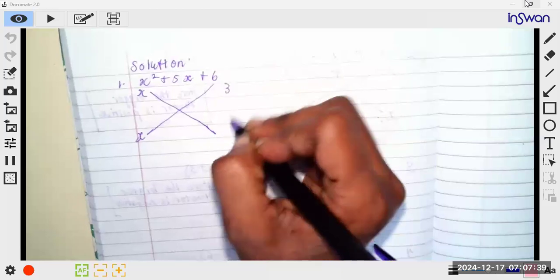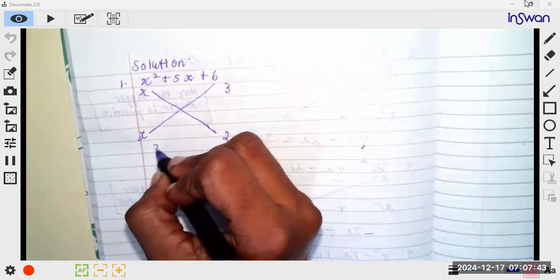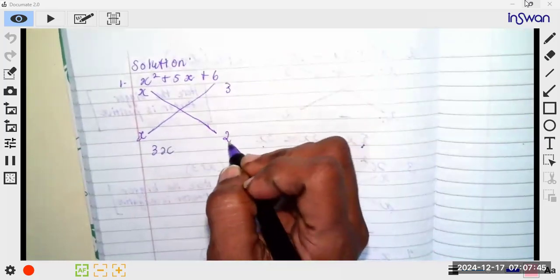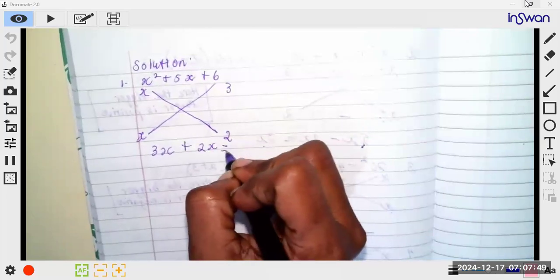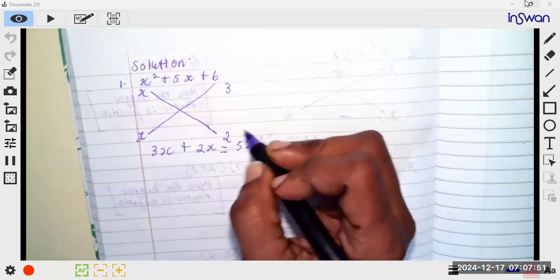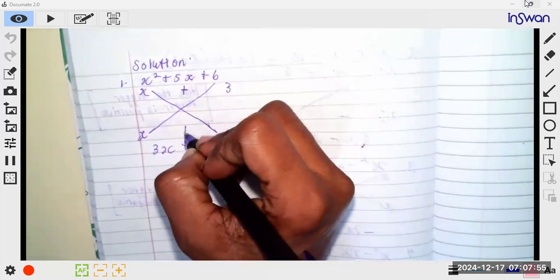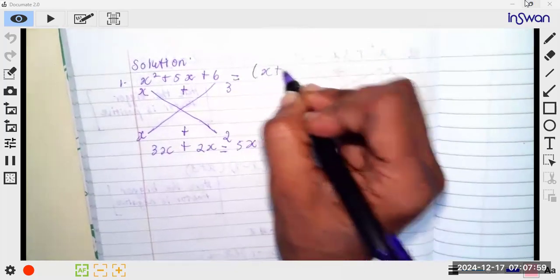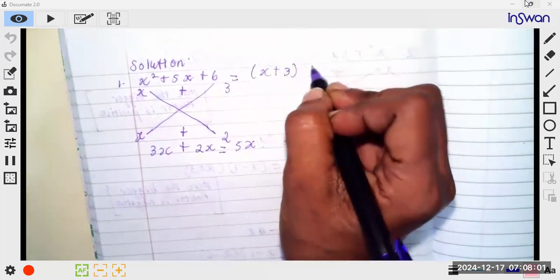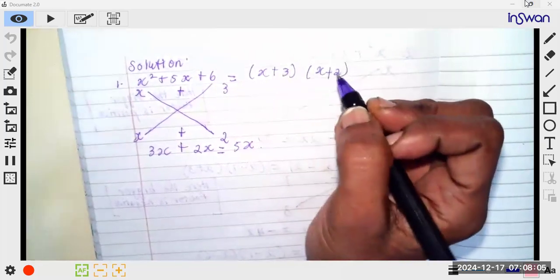We know 3 twos are 6. So 3 times x will be 3x, 2 times x will be 2x, and if we add them both, you all will get 5x. So there'll be a plus sign in front of this 3 and a plus sign in front of the 2, and so the answer will be x plus 3 by x plus 2. All right?